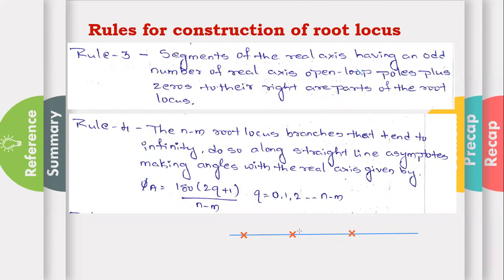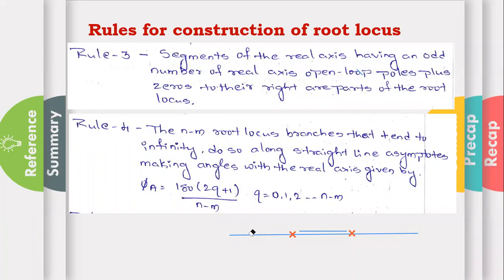This part will be the part of root locus, and also from here to infinity, that also will be the part of root locus. So this is nothing but given by this rule number 3. So the real axis will be the part of root locus if the summation of open loop poles and zeros is odd on the right side, then that will be part of root locus.